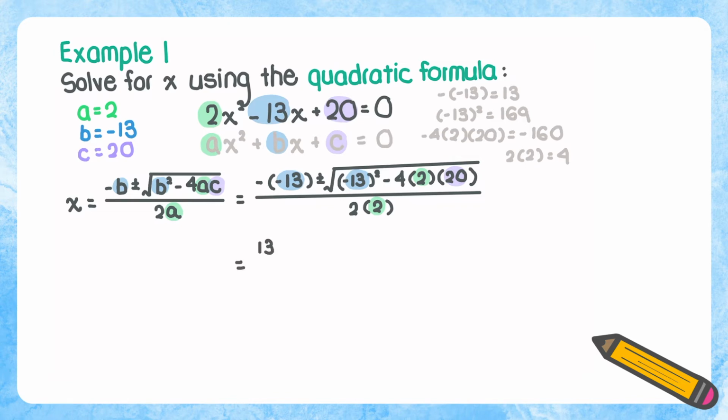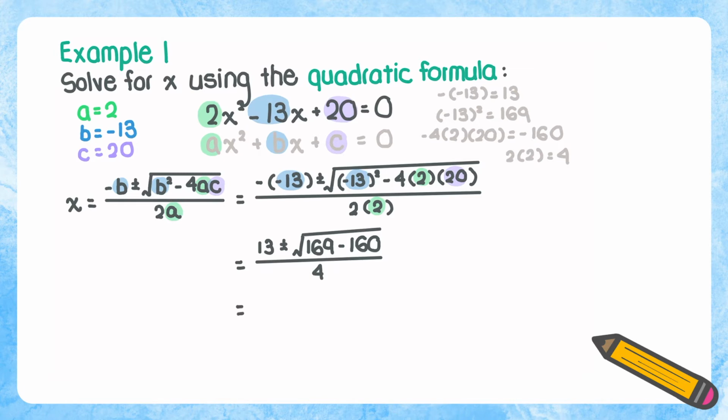So I have 13 plus or minus the square root of 169 minus 160, all over 4.